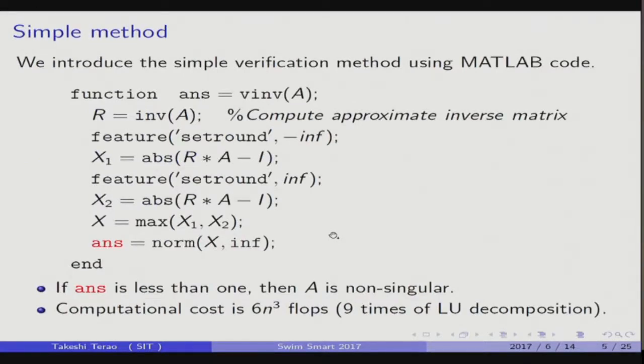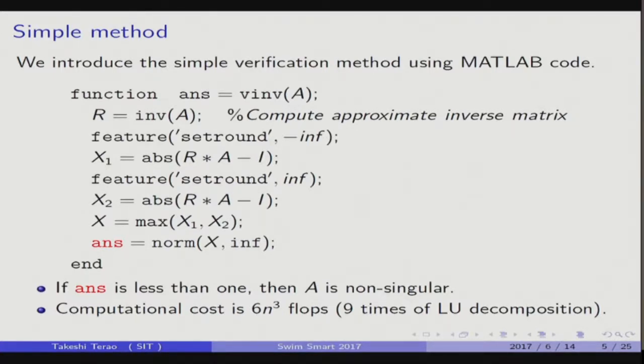Next, we introduce a simple verification method using MATLAB code. We first set R as this. This function computes the approximate inverse matrix, and we switch the rounding mode to rounding downward and compute x1 as this. Next, we switch the rounding mode to rounding upward, and we compute x2 as this.